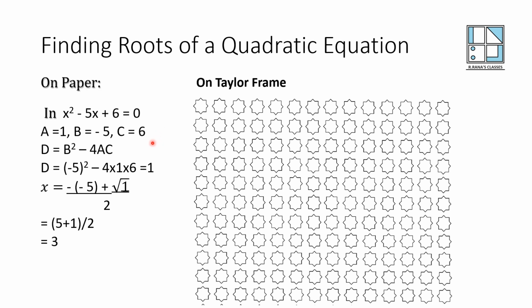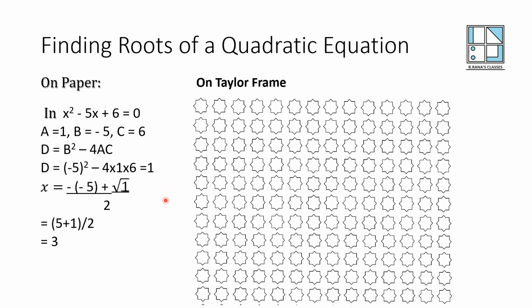Therefore, applying the formula for discriminant, that is b squared minus 4ac, we get d is equal to minus 5 squared minus 4 into 1 into 6, which is 1. We have already calculated it also.